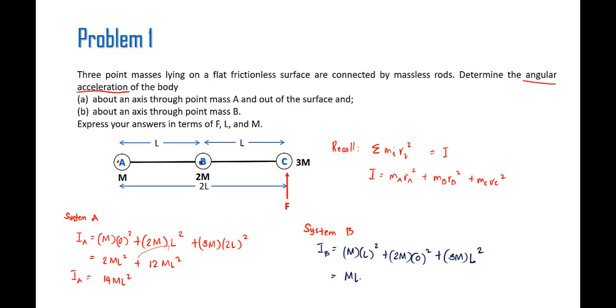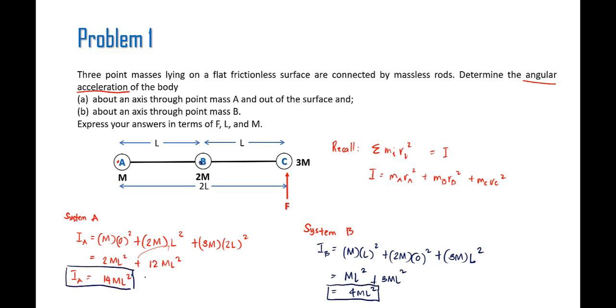So simplifying this, we have ML squared plus 0 plus 3ML squared. So we have 4ML squared.